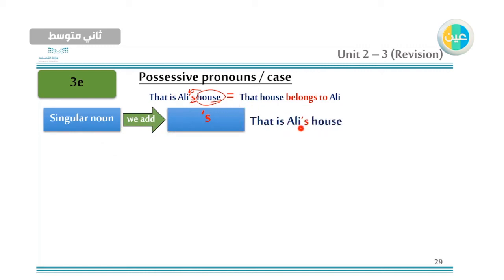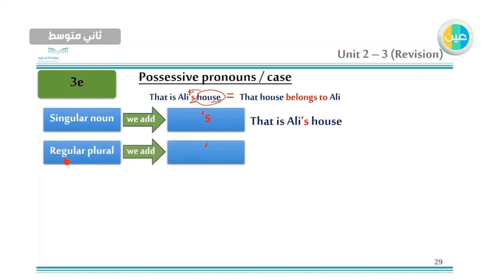That is Ahmed's house. That is Fahad's house, and so on. We add apostrophe S to the noun in singular nouns. And in regular plural, we add only the apostrophe because we already have the S, no extra S. So here's an example. That is the students' book.